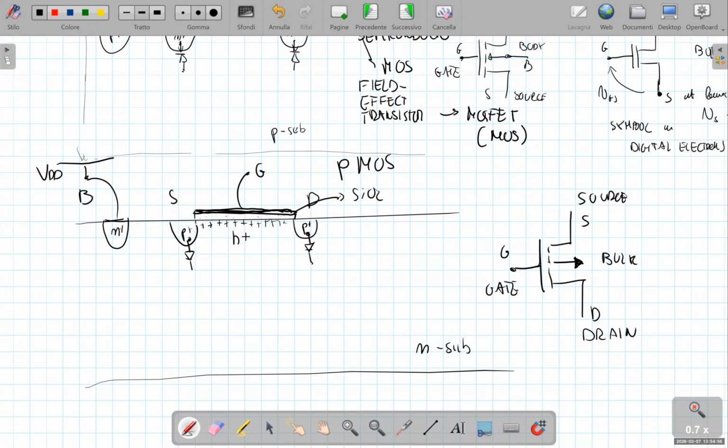We need extra holes in this channel, and for this purpose we need to apply to the gate a voltage which is lower than the source.